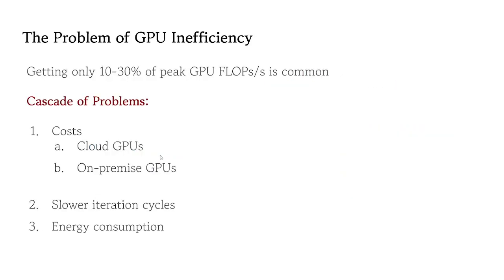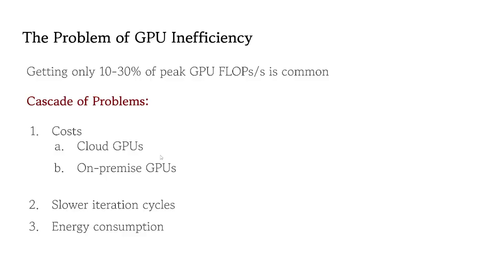If you are only able to get something like 10 to 30% of the peak compute capability of a GPU, which is not so uncommon if used naively, it's not just a concern that maybe training will take a bit longer. It creates a cascade of problems, and the consequences are quite serious.